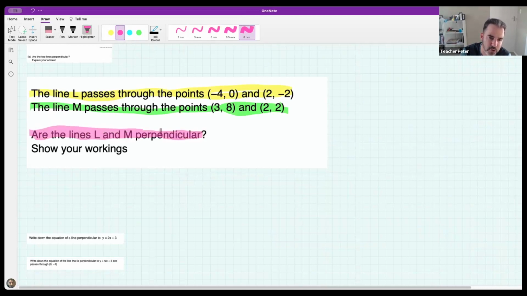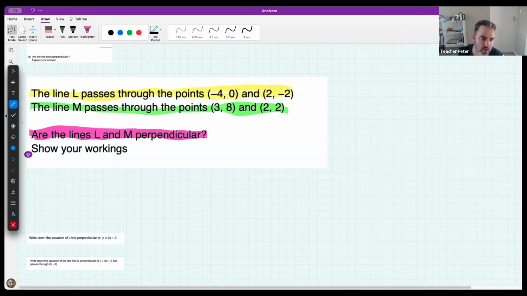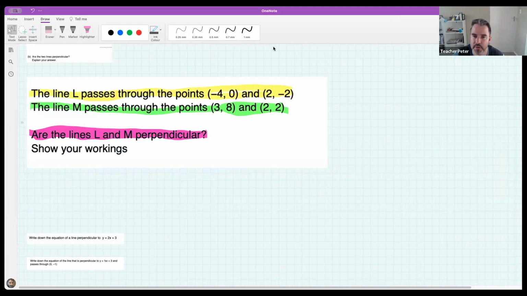And the question is, are the lines L and M perpendicular? Now, I want to know from you, what do I really want to know about these lines if I can't see them visually? What do I need to work out for the yellow line and the green line to try and figure out if lines are perpendicular? Let me know in the chat.